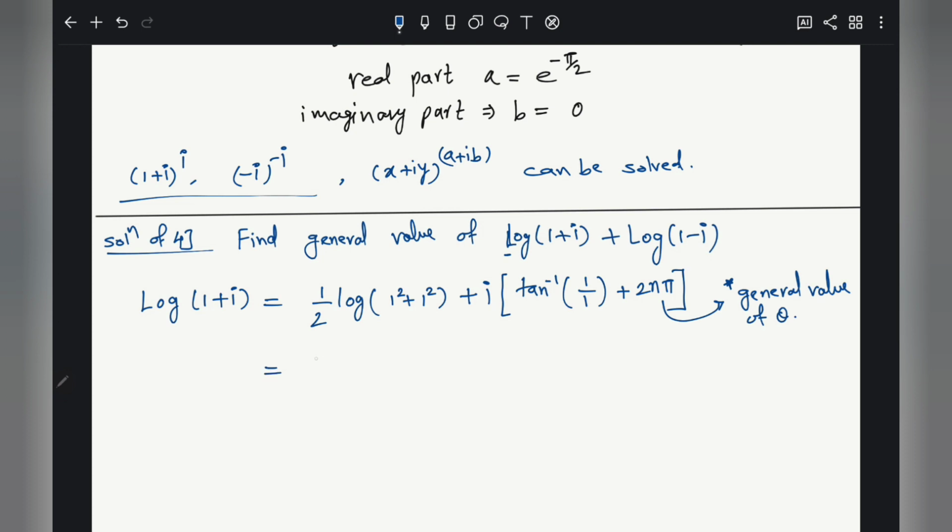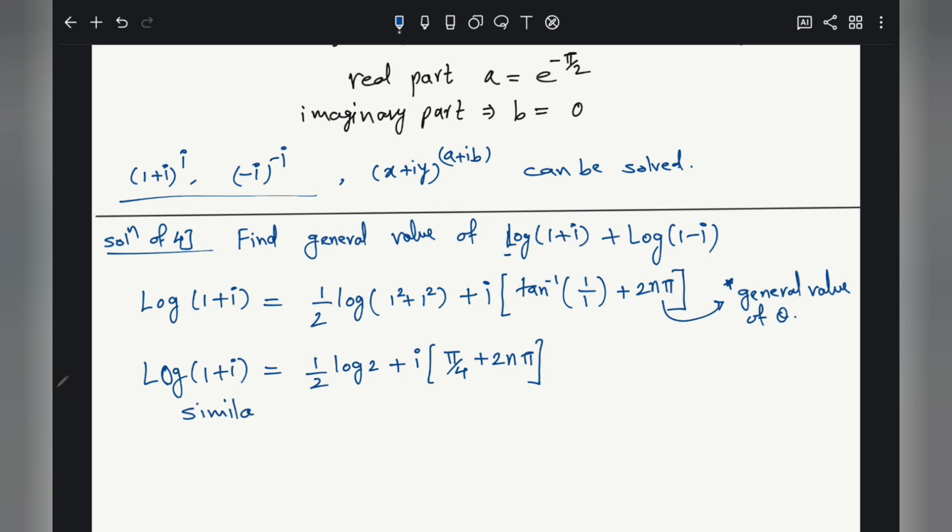So here what we get is half log 2 plus i times tan inverse 1, which is pi by 4, as we just saw, plus 2n pi. Like this you have to write. This is log of 1 plus i.